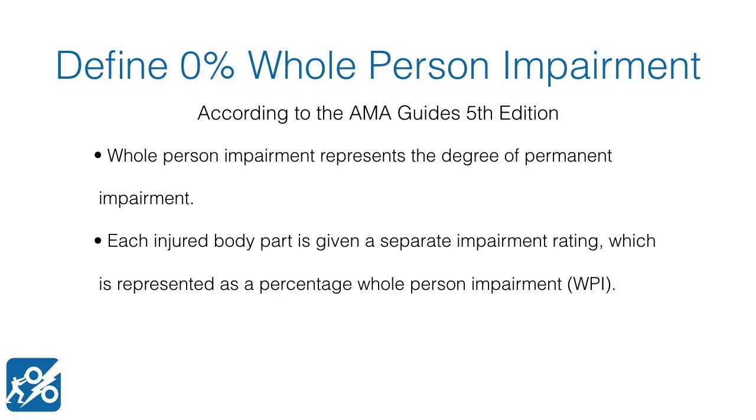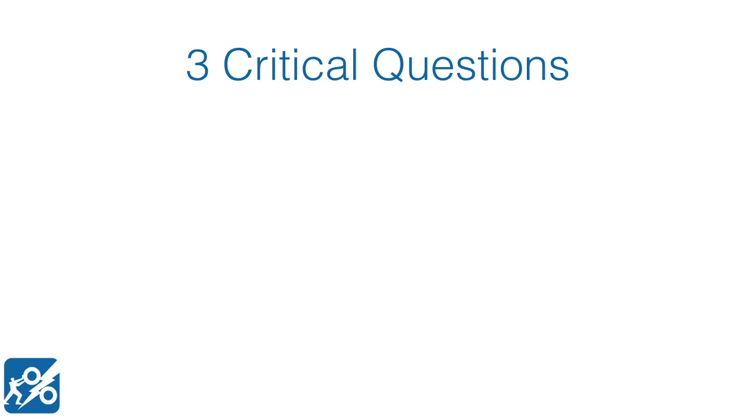So when reviewing or creating impairment reports using the AMA Guides 5th edition, 3 simple questions. Number 1, is the rating chapter for the body part being considered truly 0%? This means that all of the appropriate considerations for impairment rating for that body part have been reviewed, considered, and found to be non-rateable.